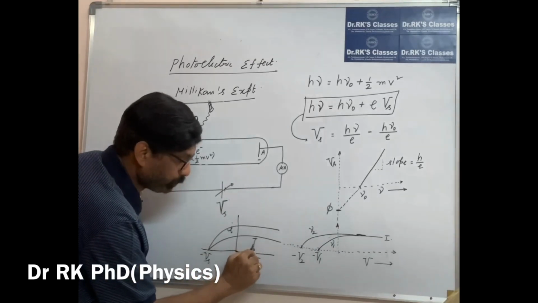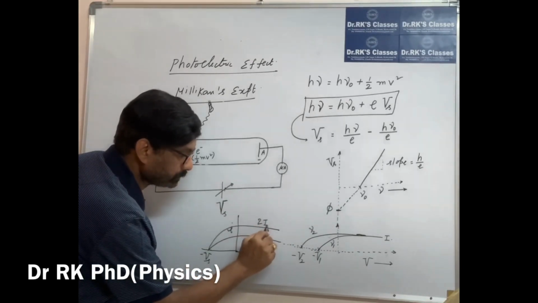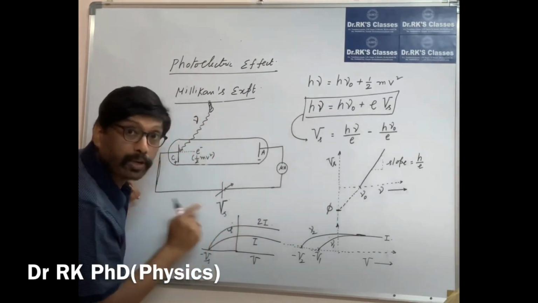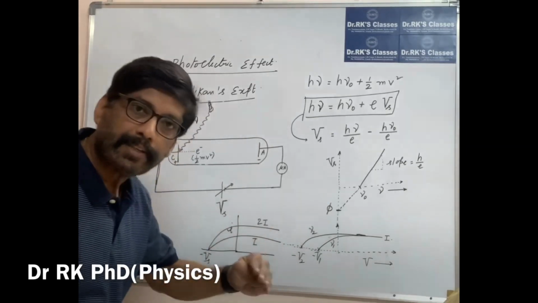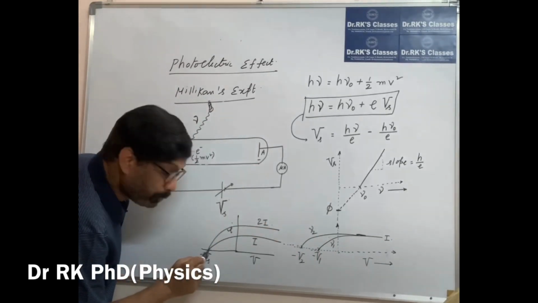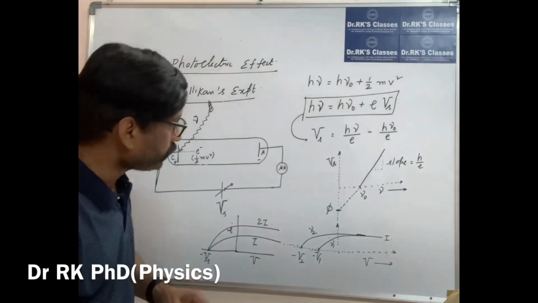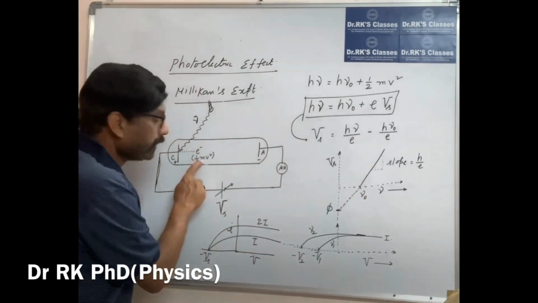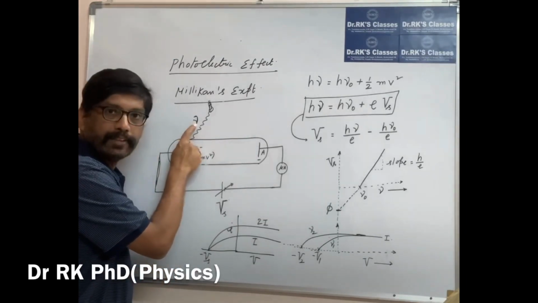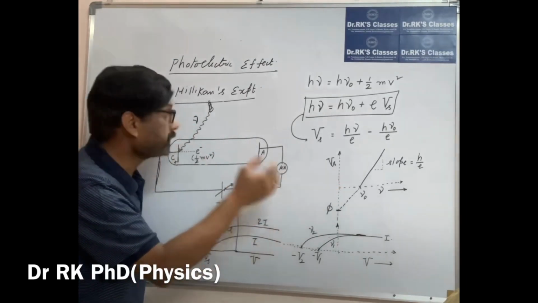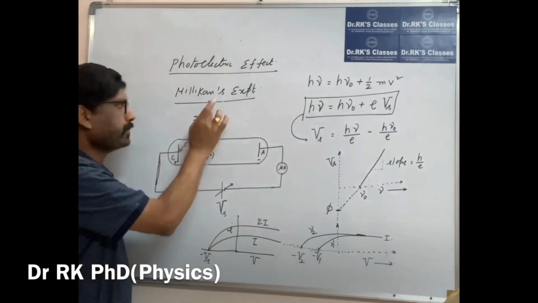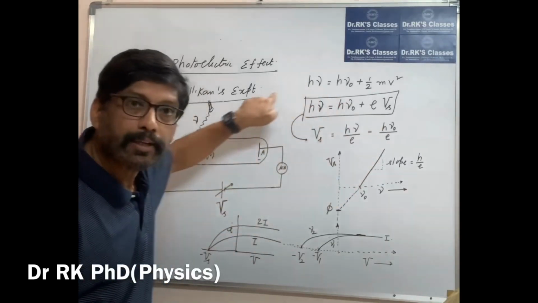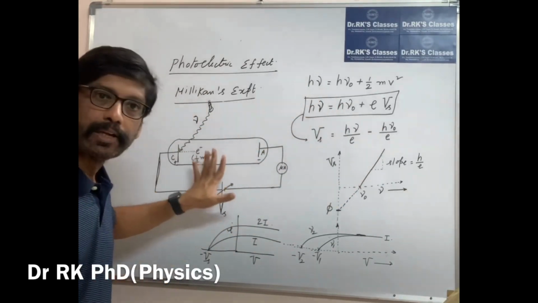When the intensity is changed from I to 2I, the photocurrent changes, but the stopping potential does not change. So these graphs finally indicate that the kinetic energy of the photoelectron depends on the frequency, and the number of photoelectrons depends on the intensity of light, that is, the power of the bulb. These are the very important points regarding the photoelectric effect.